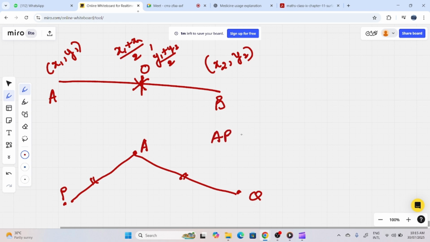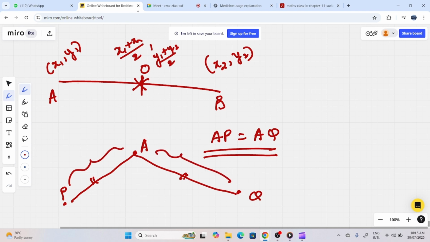It is AP equal to AQ. You have to use the distance formula only: the distance of AP is equal to the distance of AQ. Very important. This is a recurring mistake.